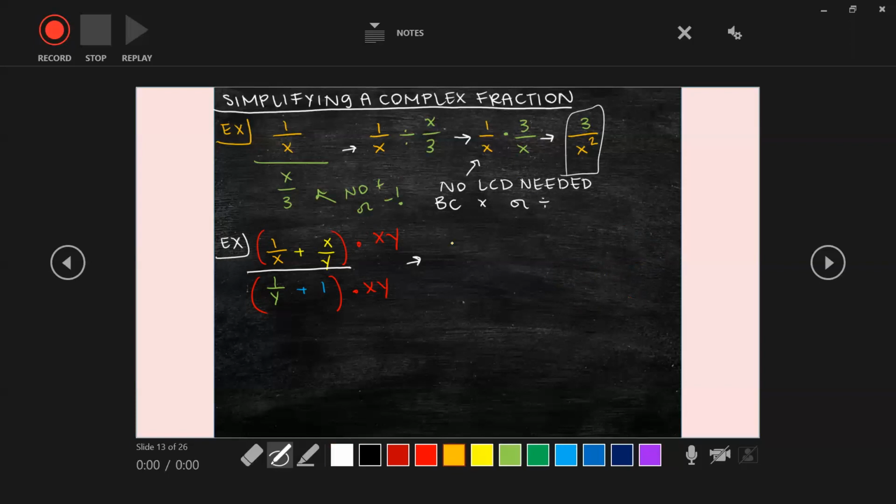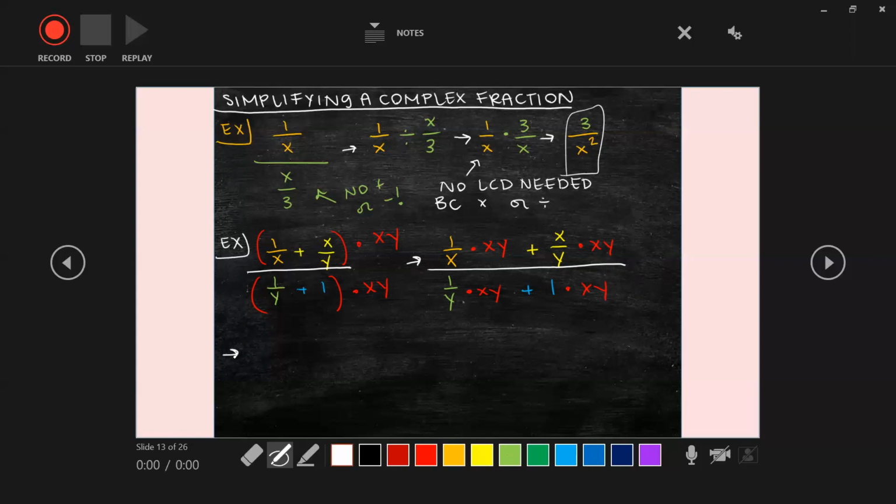So I'm going to have 1 over x times xy, I'm adding x over y times xy, I've got 1 over y times xy, and I'm adding 1 and multiplying that by xy. So I just distributed that xy out to each of those individual components.